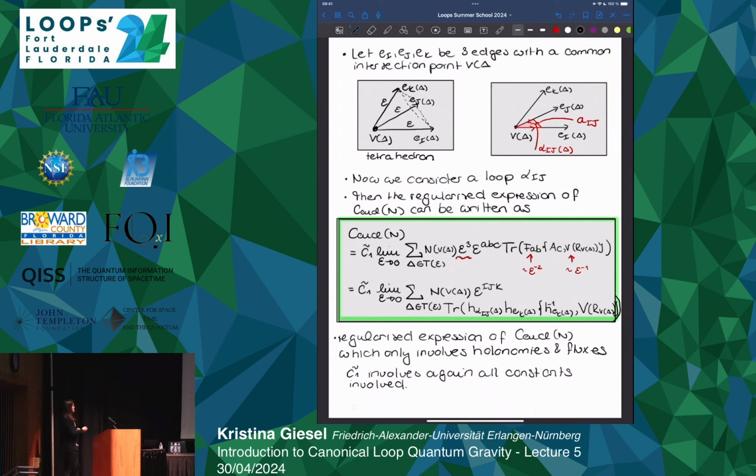So now let's look a bit more in detail into this. Let's say we have a vertex of one tetrahedron, which I call V delta. We have 3 outgoing edges, which I call e_i, e_j, and e_k.